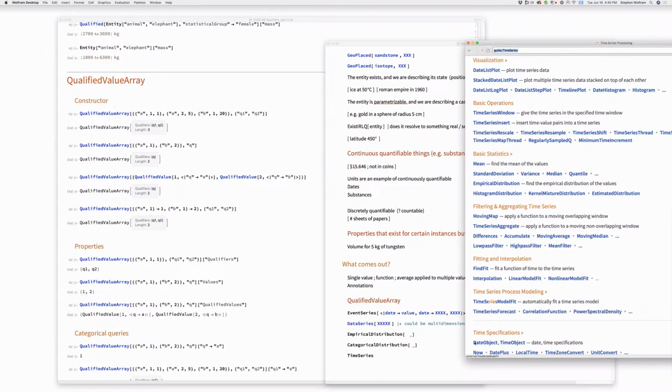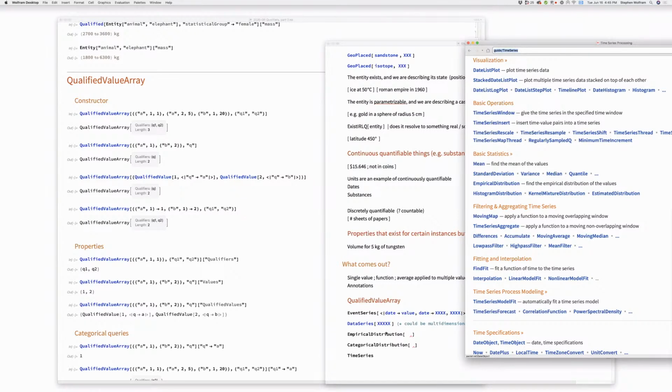And categorical distribution is also a perfectly reasonable thing to ask for. But I think we're looking at two different sides. The empirical distribution would work on the value, where the categorical distribution might be categorical with respect to the value of the qualifiers, not the value of the sink.